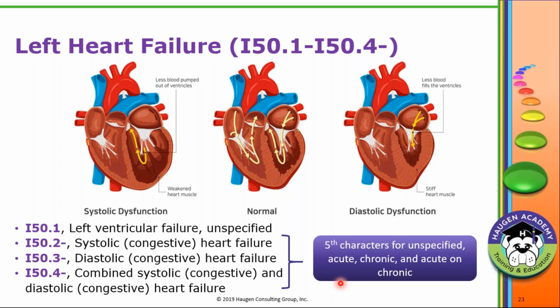So acute on chronic systolic heart failure is going to pay more than a chronic systolic heart failure. And if you get those kinds of queries and see those kinds of queries, that's why, because there is quite a payment difference in those. And we're trying to get physicians used to documenting acuity on everything just so we can get more specific with our coding.